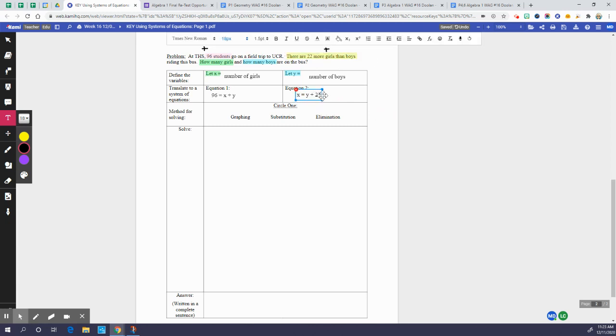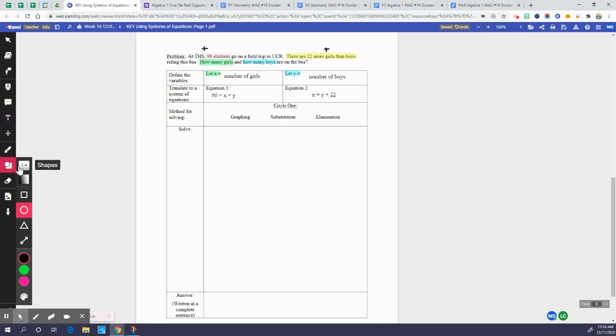Okay, so these are my two equations. And to solve this system, probably the best method would be substitution because one is already solved for. Okay, we're going to use substitution. Equation 2 is already solved for a variable. So if we're using those steps for substitution, we're ready to go.